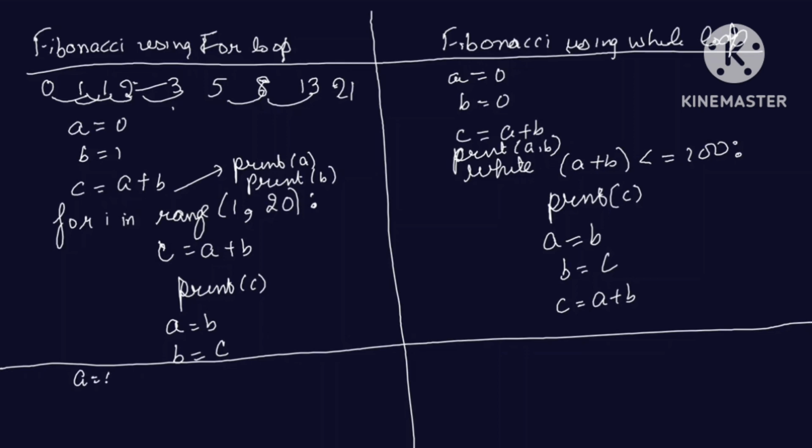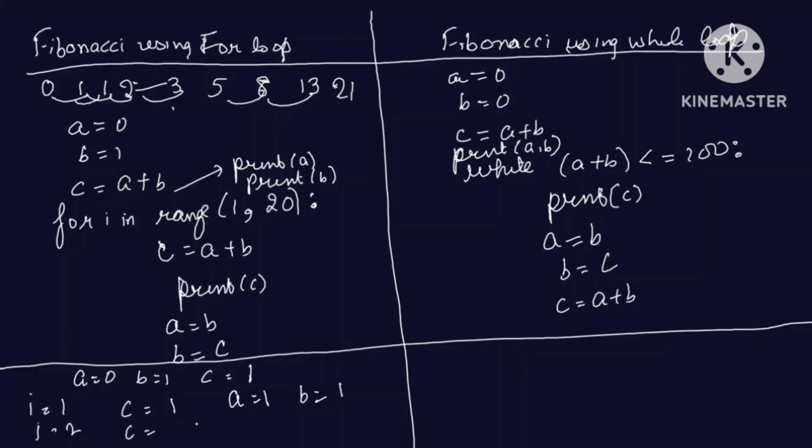So you can check through the example. Initially a is equal to 0, b is equal to 1, c is equal to a plus b. 0 plus 1 means 1. That means if i is equal to 1, the c value is 1. Next, the new value of a will be 1 and the new value of b will be 1.